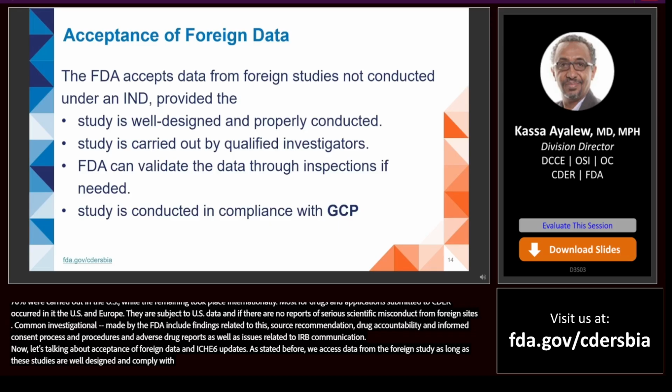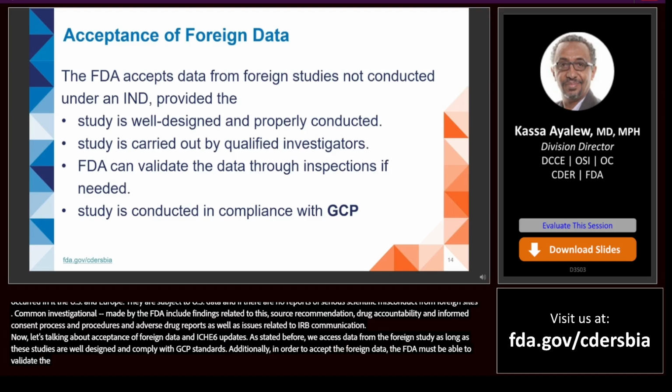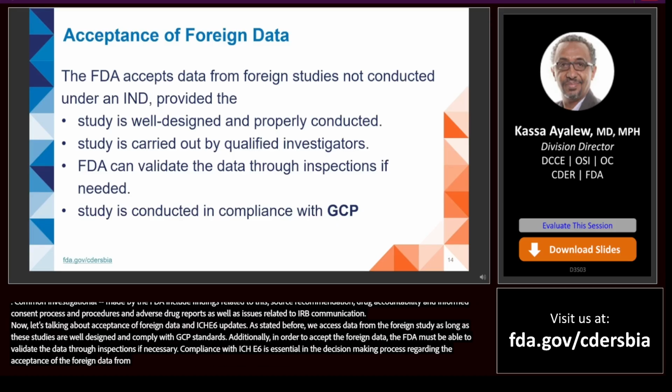Additionally, in order to accept the foreign data, the FDA must be able to validate the data through inspections if necessary. Compliance with ICH E6 is essential in the FDA decision-making process regarding the acceptance of foreign data from non-IND studies. Therefore, it is important to review the ICH E6 updates that are relevant to international clinical investigators.